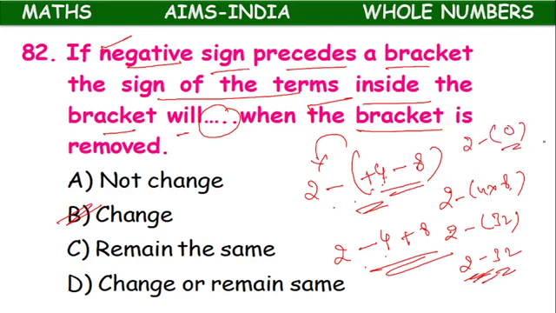If we have 0 in the bracket, then there may be no change, because 0 doesn't have any plus sign or minus sign. In that condition, there may be no change. So, because they have not given clarity regarding the question, we can take this answer also: change or remain same. Next.